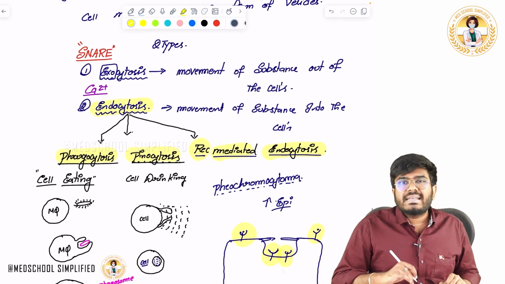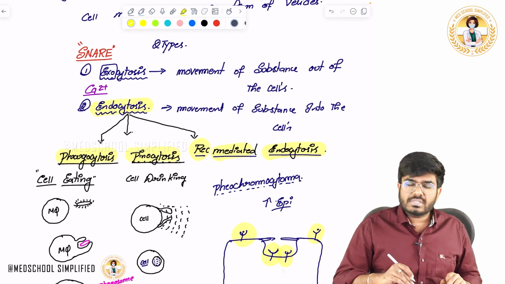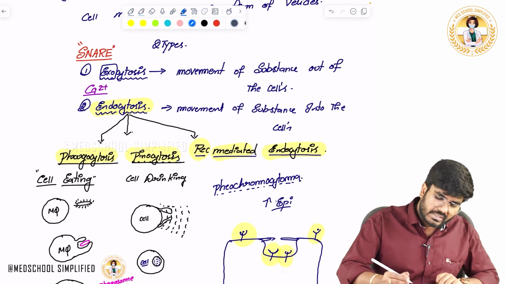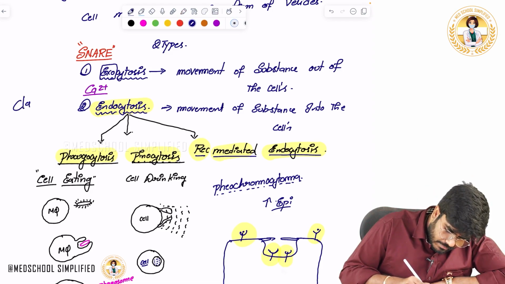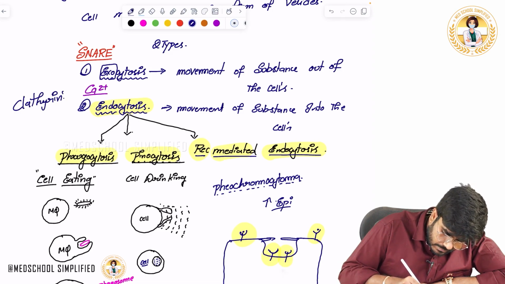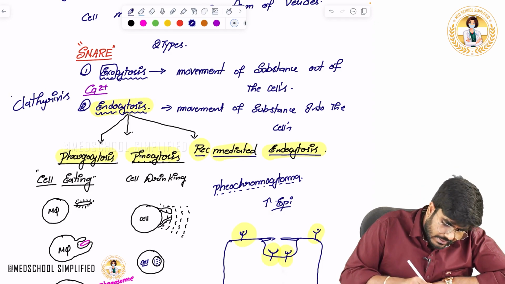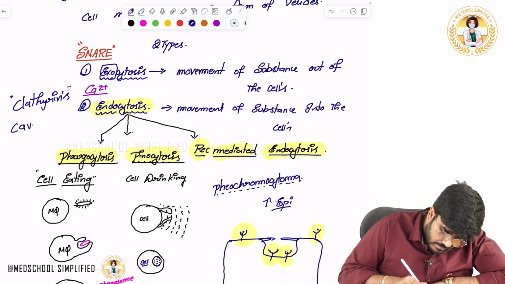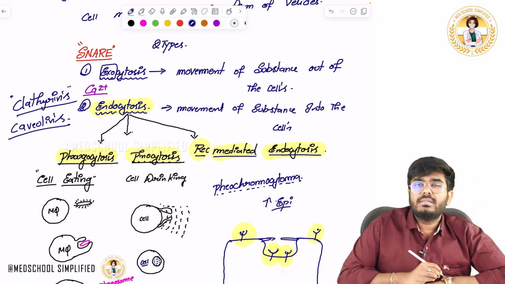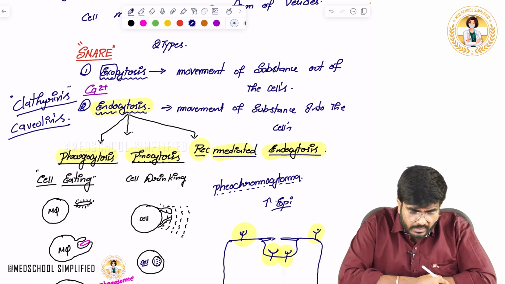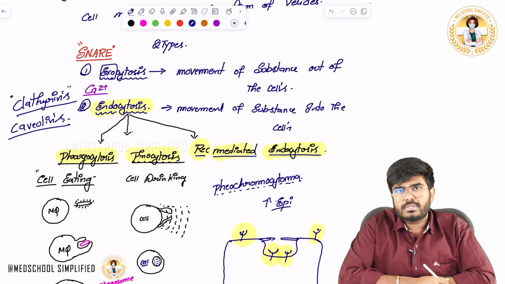Exocytosis requires SNARE proteins. Endocytosis requires proteins called clathrins and caveolins.